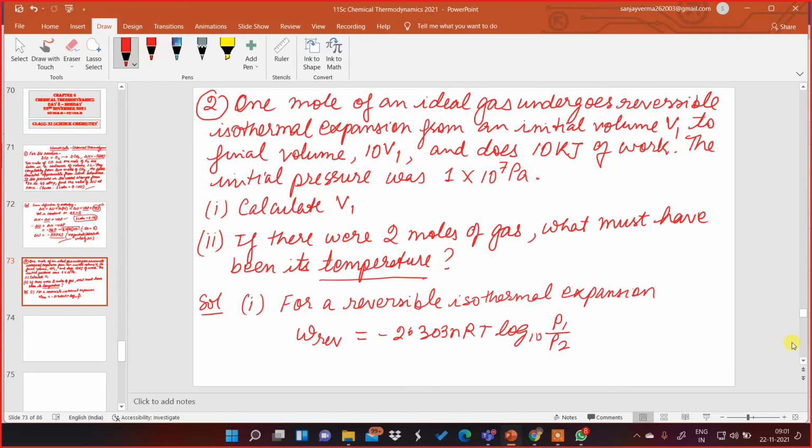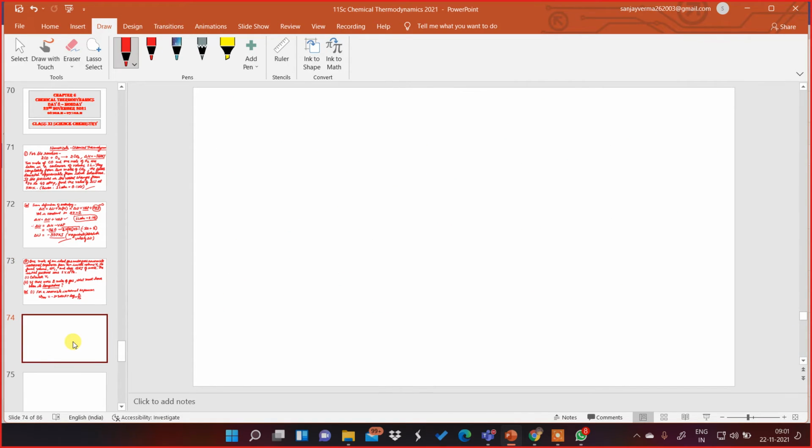This is the formula. Now, if the temperature is constant, in the initial case, the temperature is constant, so I'm going to write down on the next slide, at constant temperature.